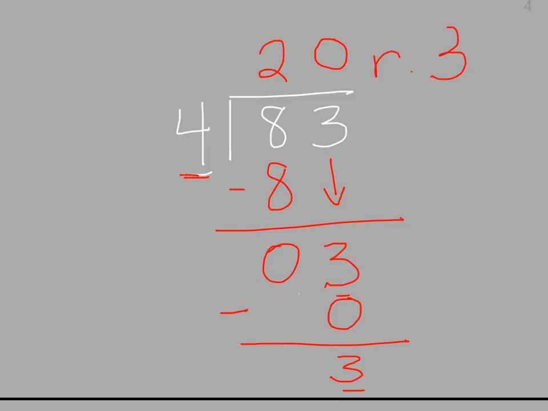Okay, let's do another one. Let's go with 7 into 87. I'm going to leave the 7 there this time. So I'm going to look at 7 going into 8.